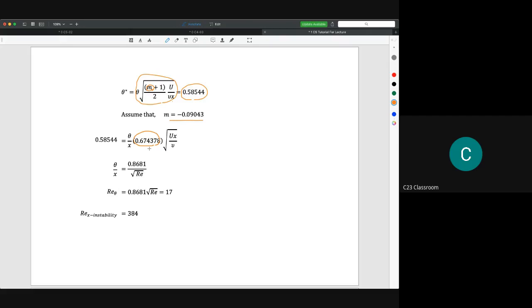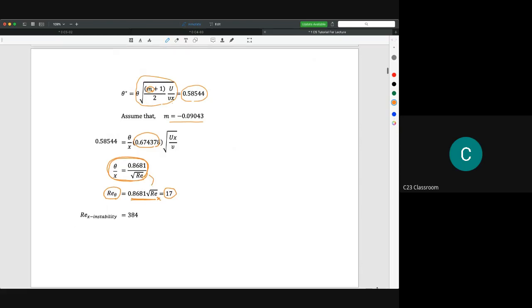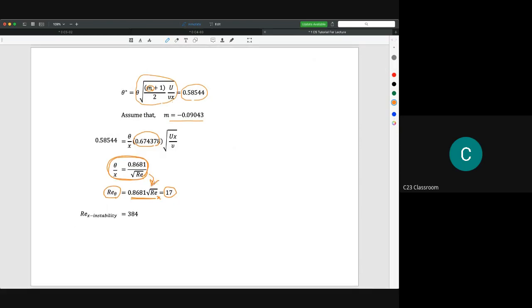Then we could rearrange the calculation and get this term. Again, we could get the Reynolds number theta by this equation, 0.8681 square root of Reynolds number x. Sorry, Reynolds number x here, and it is equal to 17. Again, I would like to advise you to try to get this one into this term, because it is not just the power of the Reynolds number.